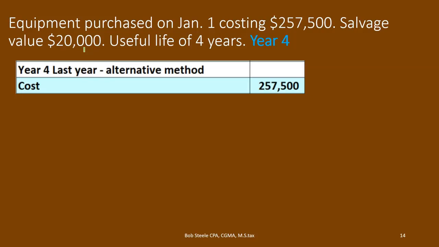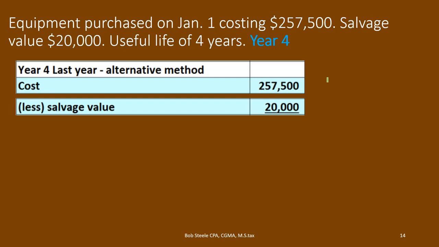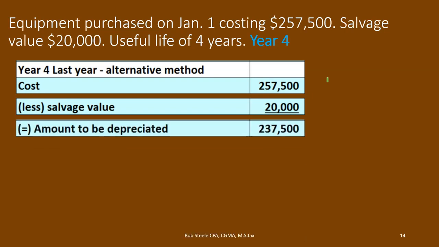So the way we're going to do that, we take the cost less the salvage value, and you'll remember we did this in the straight line method. That will give us the amount that we want to depreciate over the useful life, which in this case is 4 years. So if it costs $257.5 and we want it to end up with a book value at the end equal to the salvage value of 20, that means we have to depreciate $237.5 over the life.